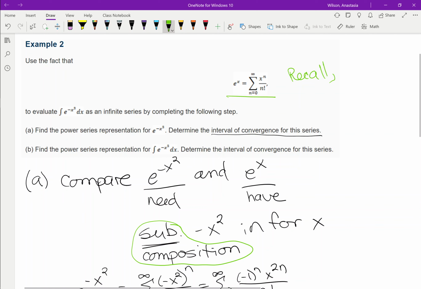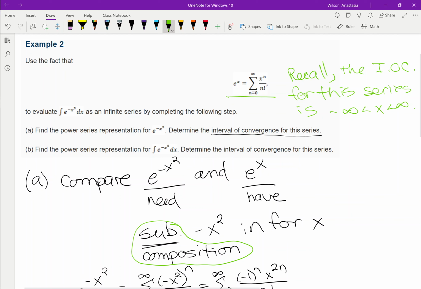But in this case, since we're using the power series that we obtained in the previous example, you can look back at that example, or you can simply recall that the interval of convergence for this series is all real numbers. So that was negative infinity less than x less than infinity.